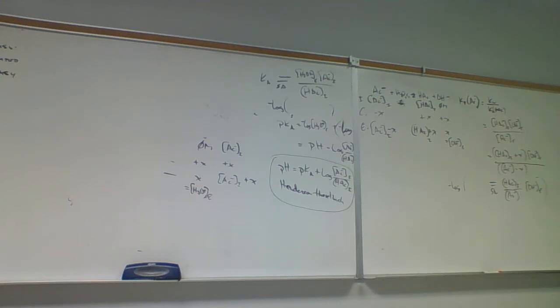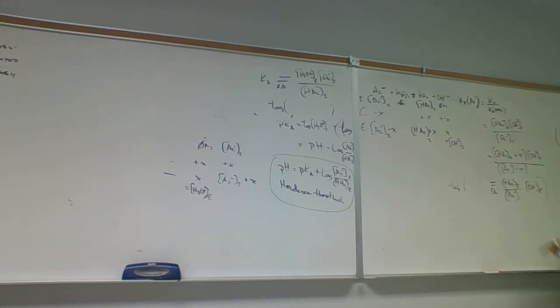The negative log of hydroxide is the pOH. And so the pOH is equal to pKb plus the log of HAC over AC minus. Both of these are initials, so I don't have to do the Kb table either. And so this is the Henderson-Hasselbalch equation in terms of pOH.